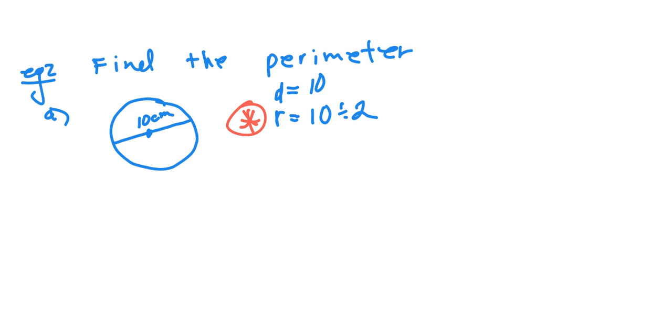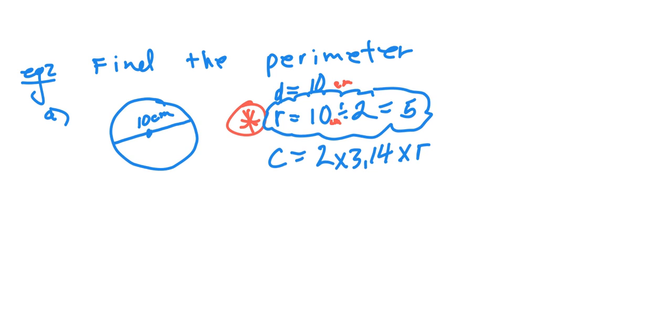And then we end up having the same equation that we used for our circumference. So the circumference is equal to 2 times 3.14 times the radius. In this case, the radius of our circle is 5.